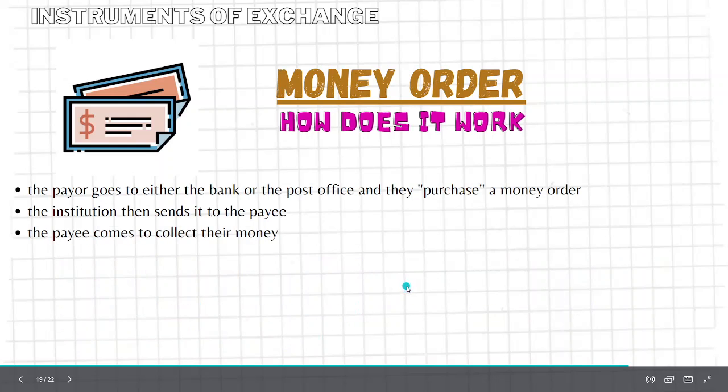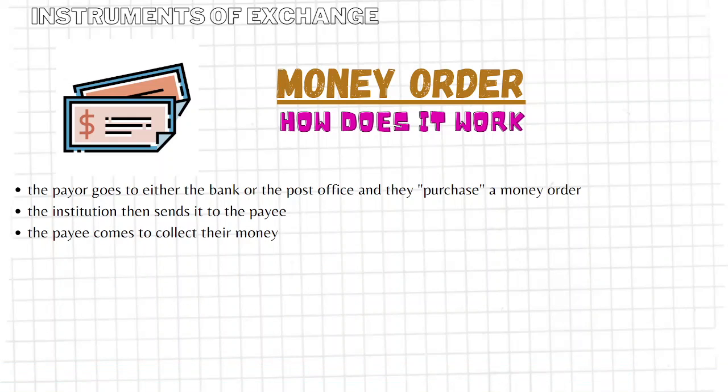I think I have an example after this slide. It says the payer goes to either the bank or the post office, and they, in quotes, purchase a money order, because you have to give the institution, the post office or the bank, however much money you want to send or transfer, and you also have to pay a small fee for purchasing a money order.